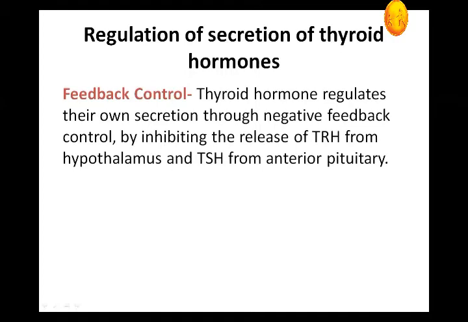So in a hyperthyroid person, what happens? Hyperthyroid means increased thyroid level. In the hyperthyroid person, due to hyperexcitability of the central nervous system, the person feels sleepy, but sleep is not there. That is insomnia. The person says, madam, I feel sleepy, but sleep is not there.